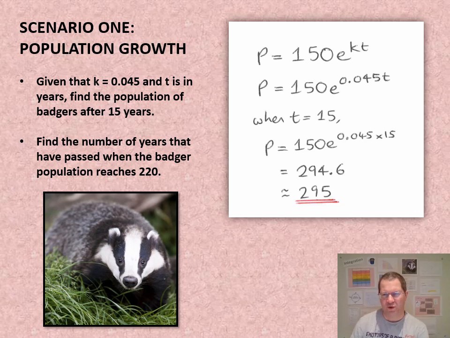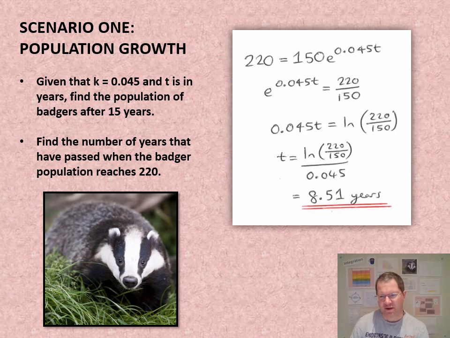We substitute 0.045 for k. So we have P equals 150 e to the 0.045t, and then we substitute in 15, and that gives us 150 e to the 0.045 times 15, which equals 294.6. So we round that to 295 because we want a whole number of badgers.